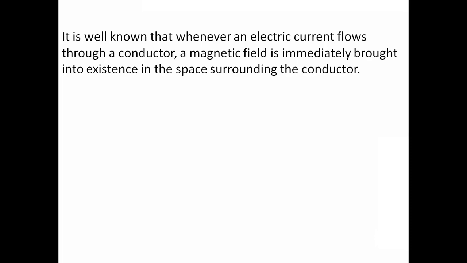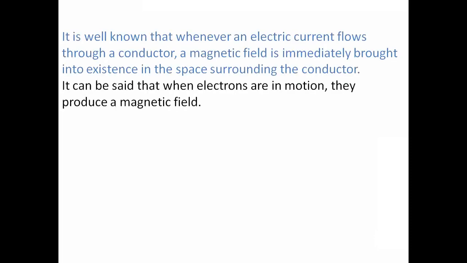Around that conductor, magnetic flux will be generated. Because of the insulation on the conductor, we are unable to see the effect of the magnetic flux. It is producing flux because when the electrons are in motion, they produce a magnetic field.